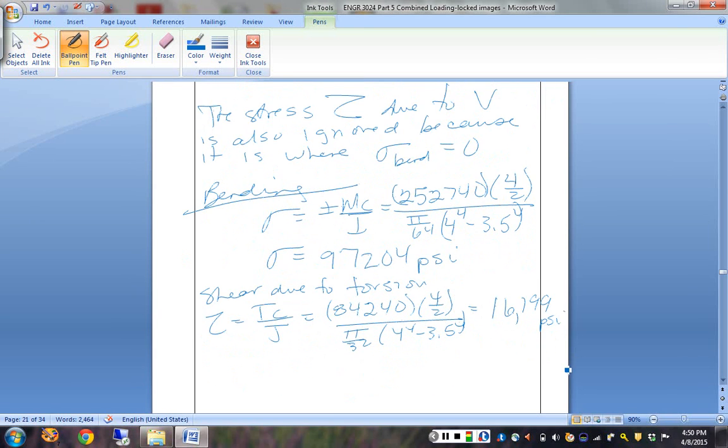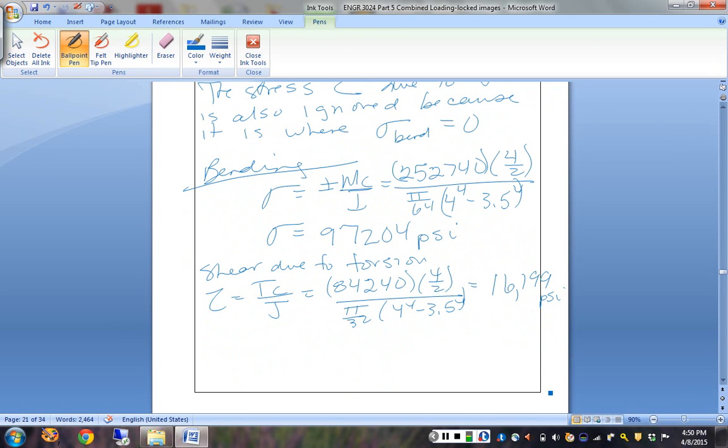So our critical stress state has some shear stress due to torsion, and it has normal stress due to bending. And if I draw my little chunk of stuff at the base, if I happen to draw the tensile one, we've got 97,000 to 100,000, and we've got 16,200 psi.